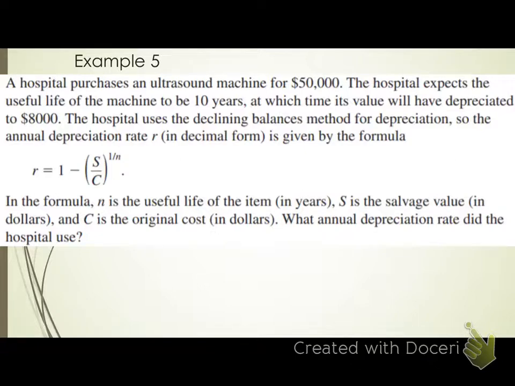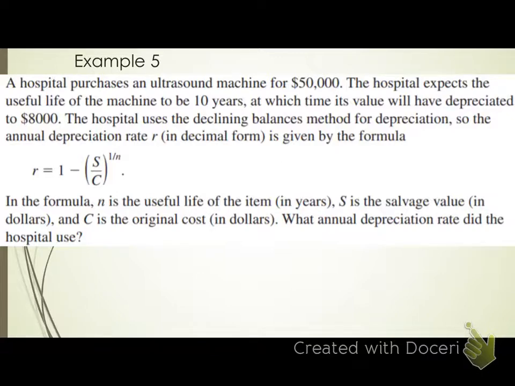In the formula, N is the useful life of the item in years, S is the salvage value in dollars, and C is the original cost in dollars. What annual depreciation rate did the hospital use?